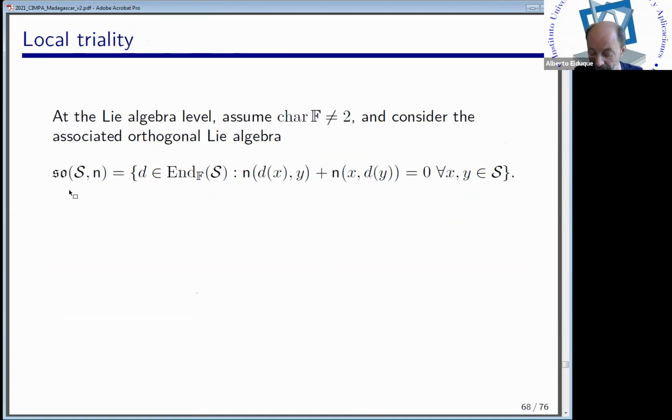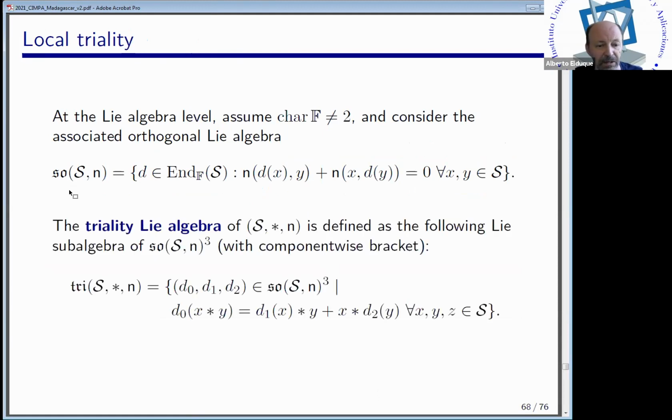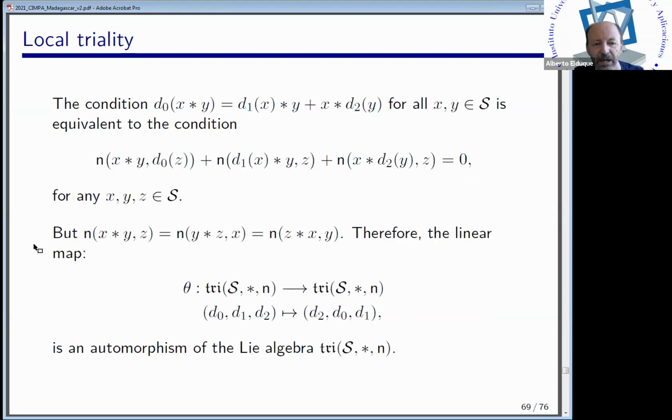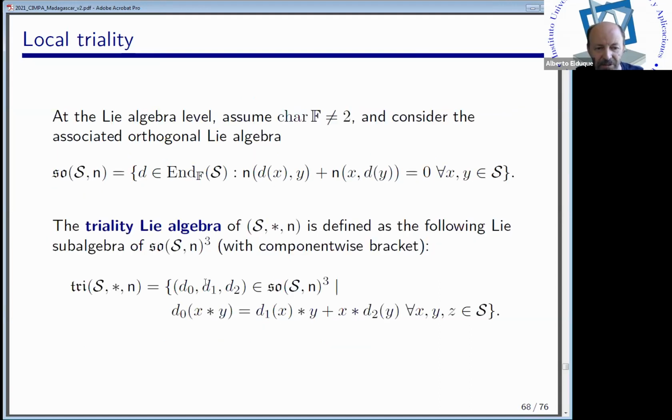Since I'm running out of time, one can also consider related triples not of orthogonal transformations, but of elements in the corresponding Lie algebra, with the local version of what we have done so far. So we can talk about the triality Lie algebra, which is this algebra.